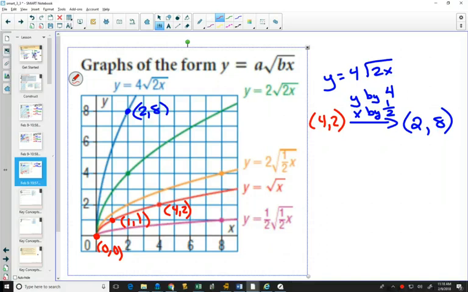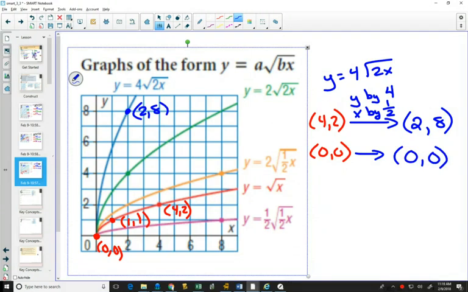So what you're going to do is you're going to look at not only one point, you're going to say, well, another point originally was 0, 0. What happens to 0, 0 when I multiply by 4 for the y coordinate and 1/2 for the x coordinate? Well, that's some pretty easy mental math. It's going to stay at 0, 0.